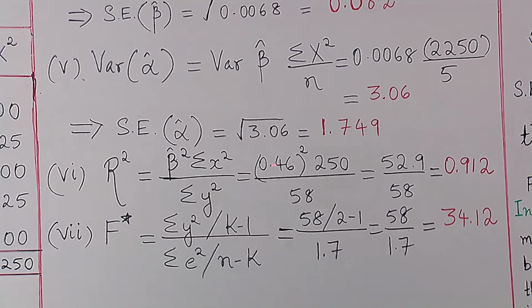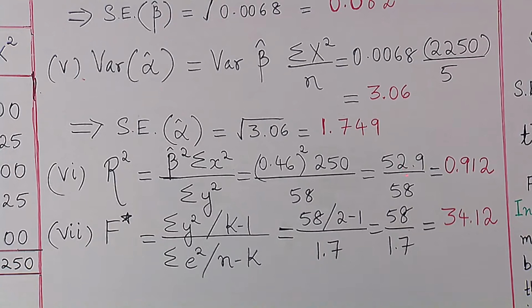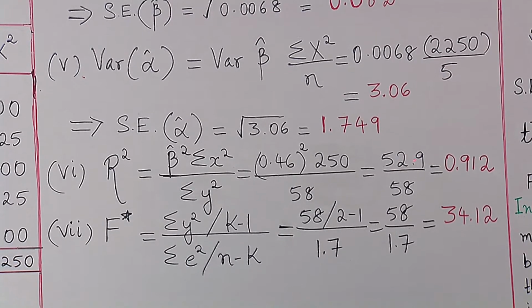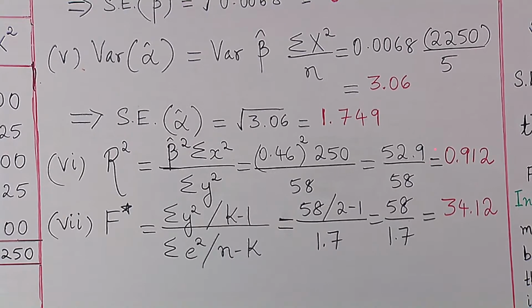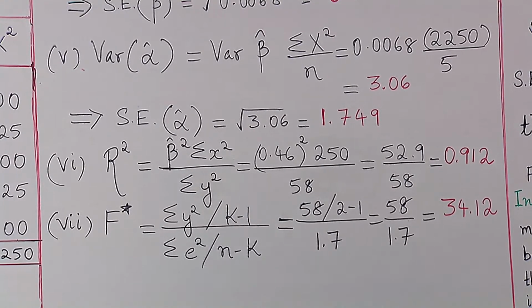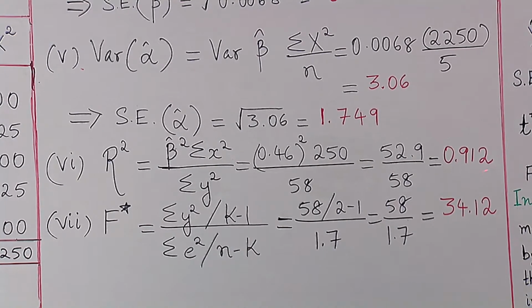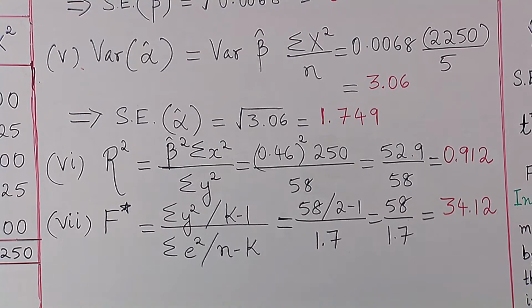On multiplying 0.46 into 0.46 into 250, we get the answer 52.9, and when we divide this by 58, the answer is around 0.912. So, here in this example R square value is 0.912.